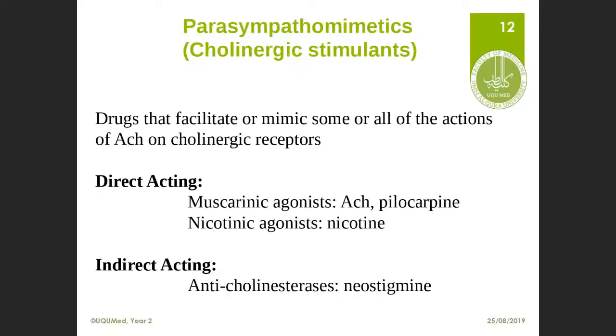So even if you are using the nicotinic agonist, that is nicotine, it actually enhances the function of acetylcholine, because most of the preganglionic and postganglionic nerves of the parasympathetic nervous system have the acetylcholine neurotransmitter, either at the muscarinic receptor or the nicotinic receptor. Everybody is clear about the direct acting? Any question?